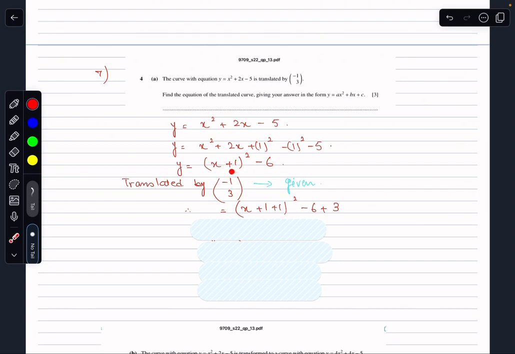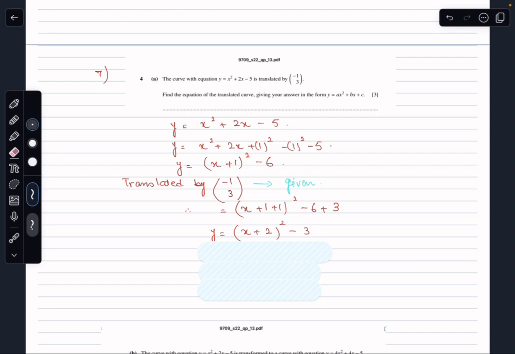So if I need to translate it by (negative 1, 3), it means that here I should be adding a positive 1, because I have to change the sign, and then with this negative 6, I should be adding a 3. So doing that, I am getting x plus 1 the whole square minus 6 plus 3, that gives me x plus 2 the whole square and minus 3 here.